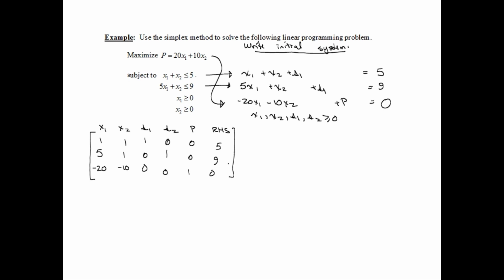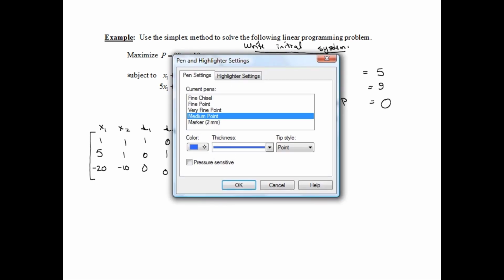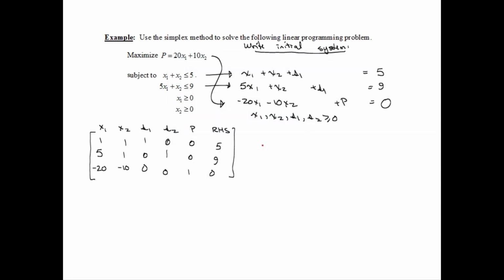Okay, here's our initial simplex tableau. Now we look for our most negative in the bottom row. That's this one.